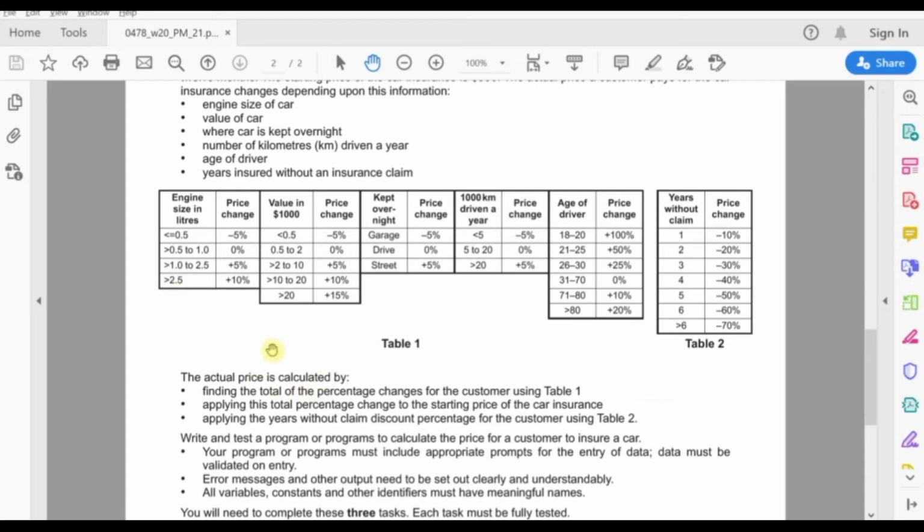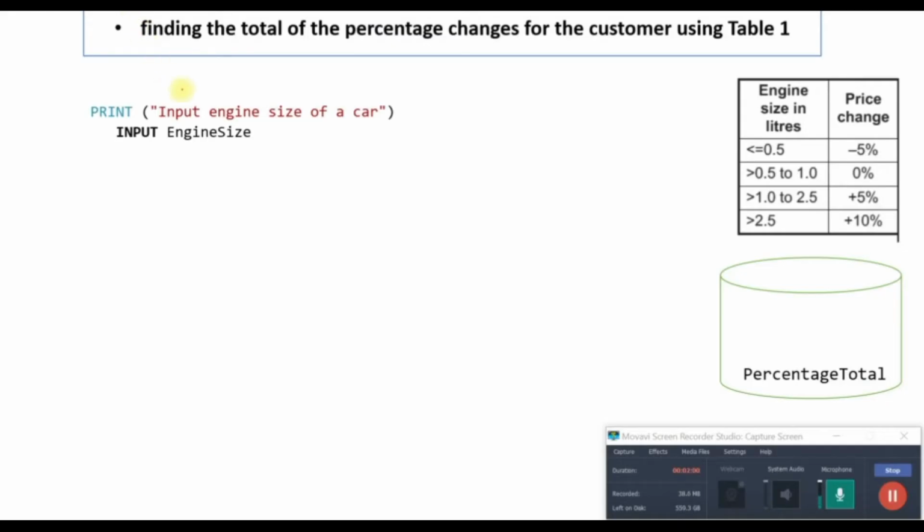All the user inputs will be stored inside the variables that we have declared earlier, and then after this we will multiply these inputs, I mean the percentage, by the original value, which is 500, to get the actual price. So our first task here is finding the total of the percentage changes for the customer using table 1.